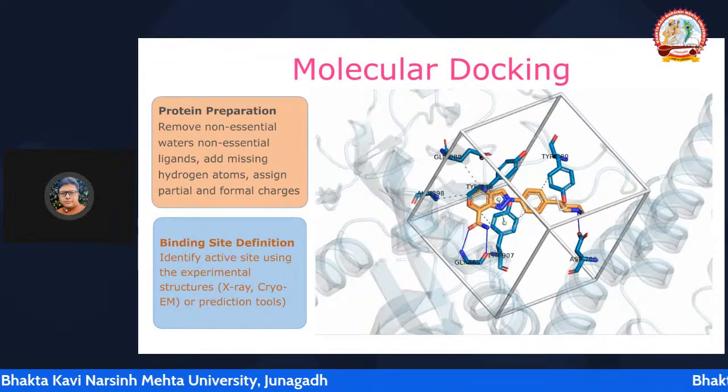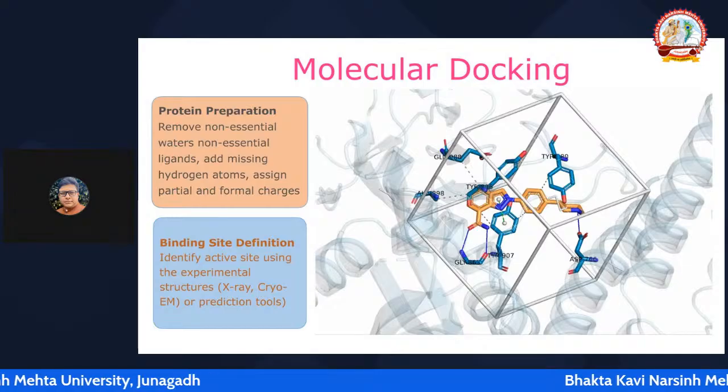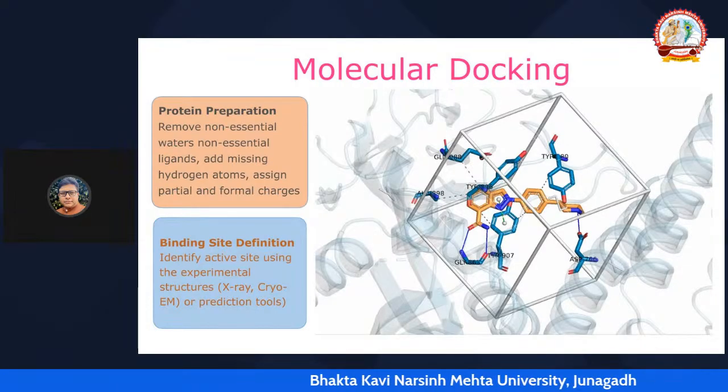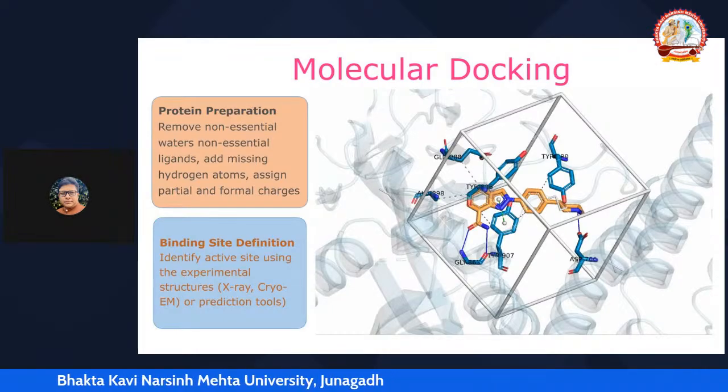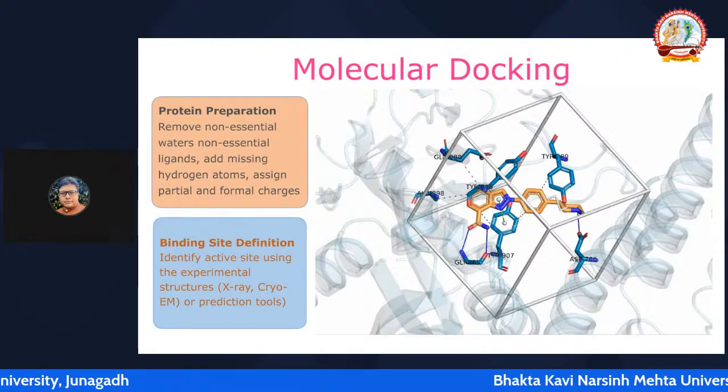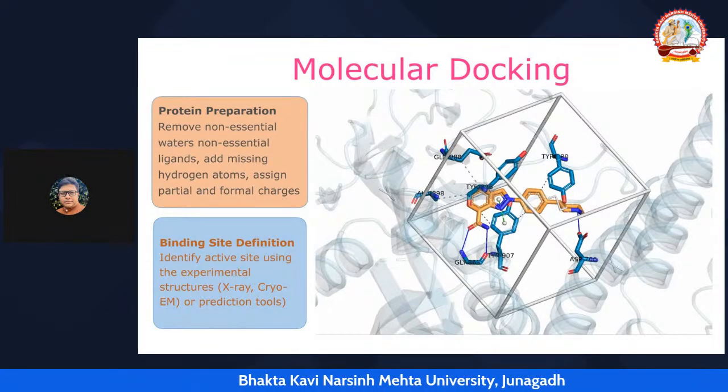Now, the crystal structure, that is the three-dimensional structure of the protein, normally has water molecules and some other chemical entities, non-essential structures bound to it, which we do not require. So we have to remove them.